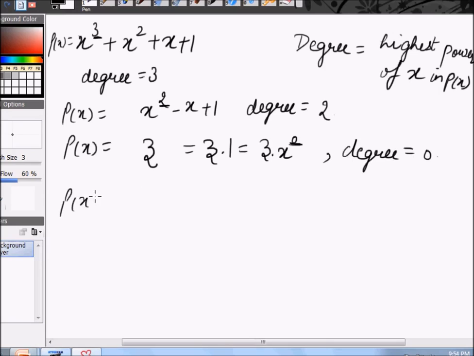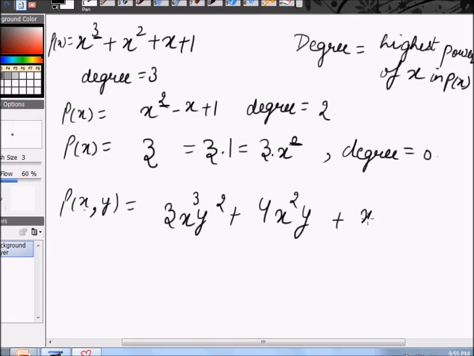Now let us have a polynomial in two variables, that is x and y. 3x cube y square plus 4x square y plus xy plus 9. Now in such a case, the power of a term is the sum of the powers of these two variables.